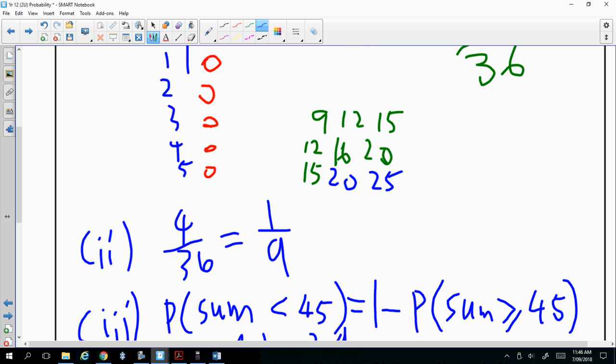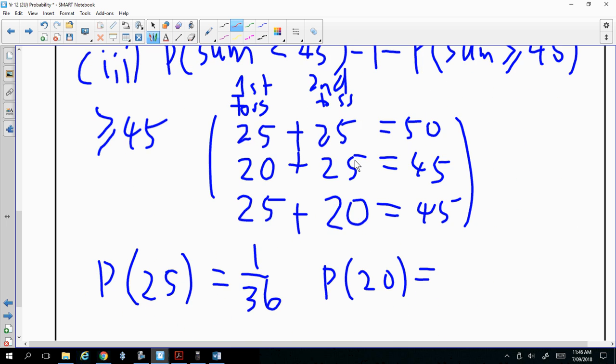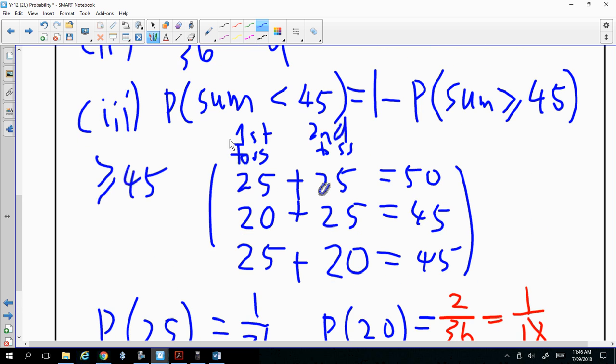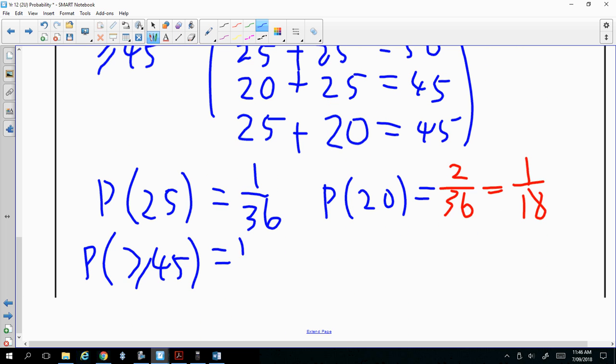So now, to answer this question, probability of more than 45, which is equal to probability of 25 and 25 plus 20 and 25 plus 25 and 20, right?